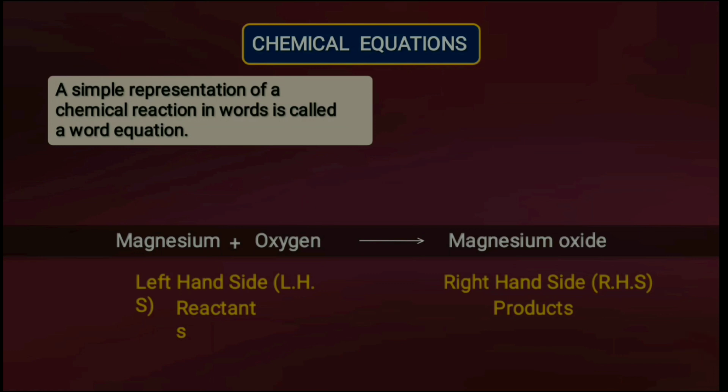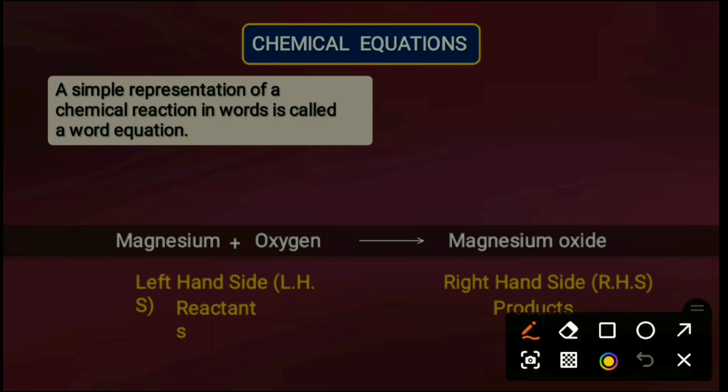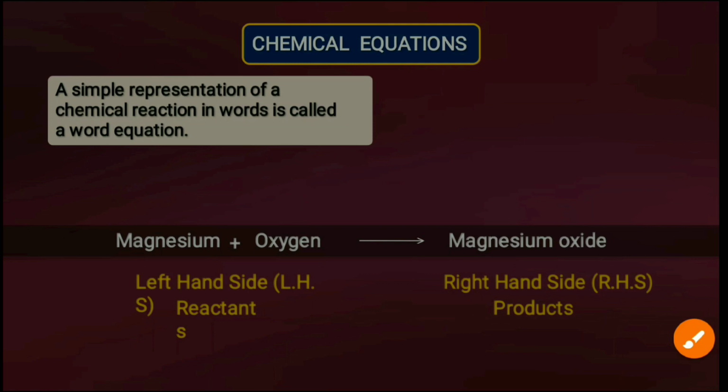Keep these words in mind, very important terms: reactants and products. A chemical equation is nothing but a simple representation of a chemical reaction in word form. The left hand side is the reactants, and the right hand side is the products.